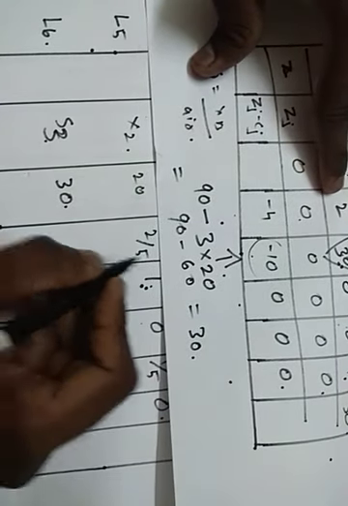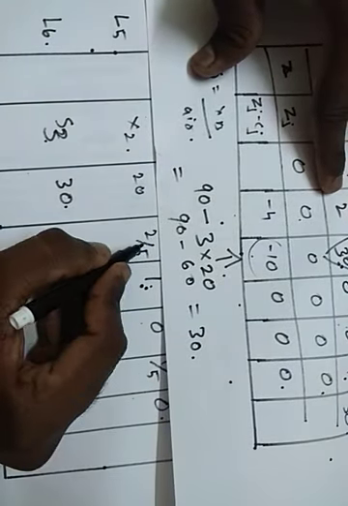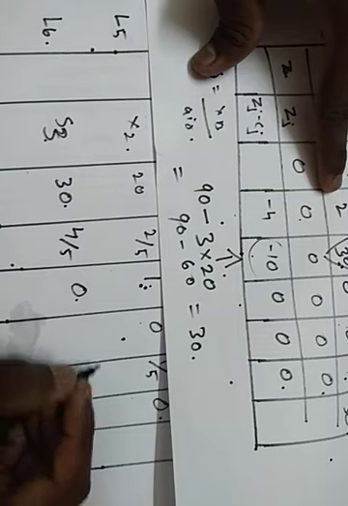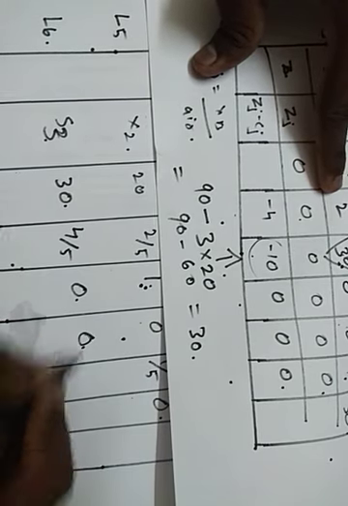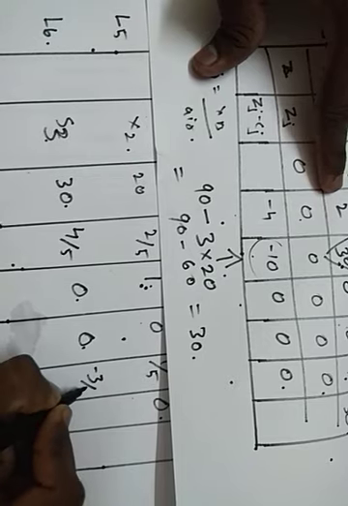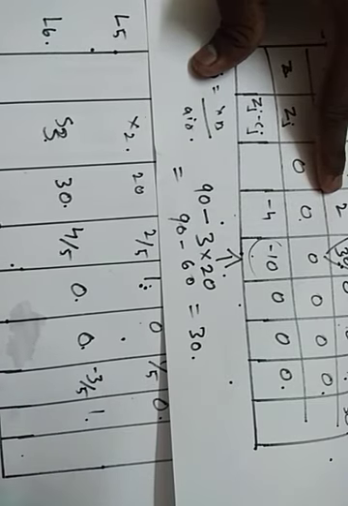So 2 minus 3 into 2 by 5, that is 4 by 5, and absolutely this will be 0. And next, 0 minus 0 is 0, and minus 3 by 5 and 1.